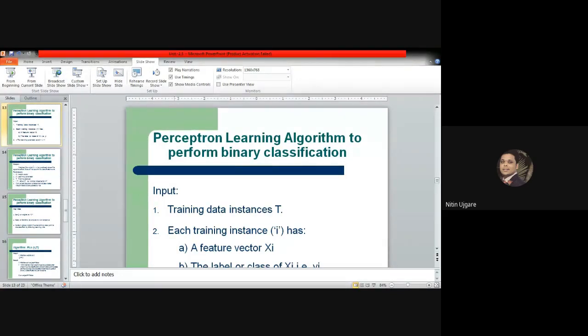My first question is, what is linearly separable data set? What is linearly separable data?